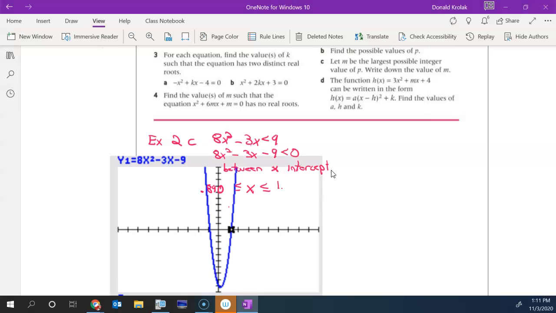Okay, 1.26. Then I'd write that as an interval, as a bracket, negative 0.890 to positive 1.26. And if I did it as a number line, it would be circle, circle, and in between.